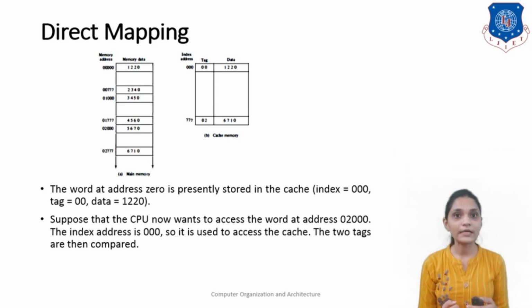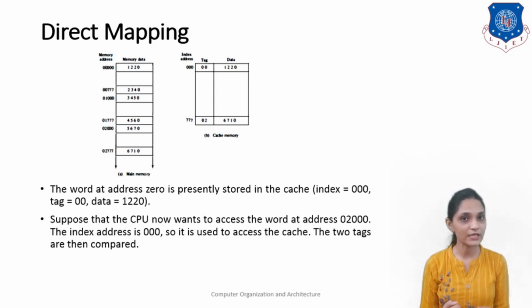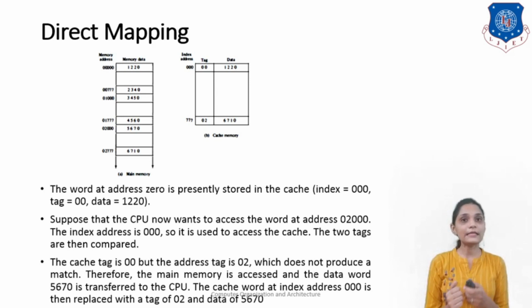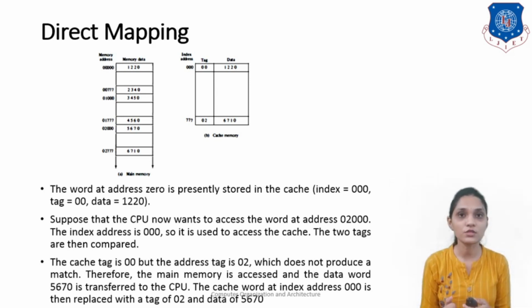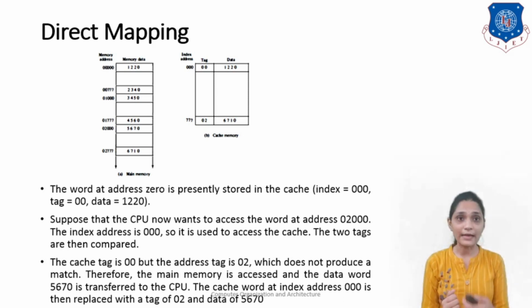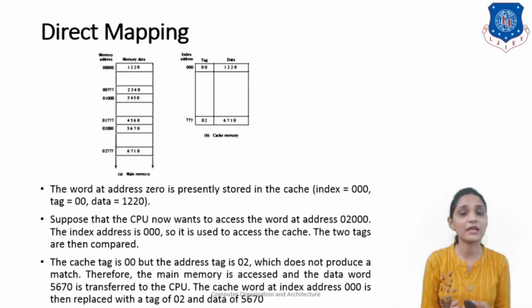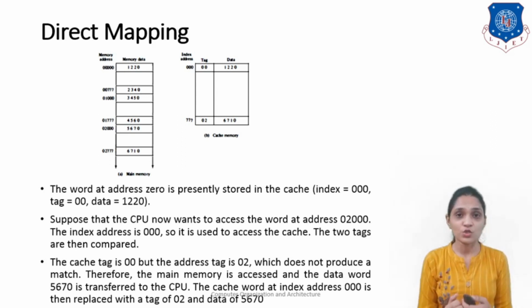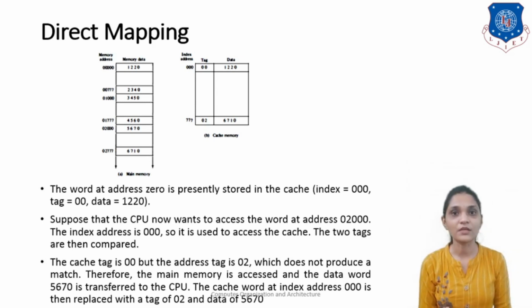So when it wants to access this data, first it is accessed from the cache. When index 000 is matched in the cache, the cache tag will be 00. But for our address the tag is 02, which means the tag is not matching. So here the data cannot be accessed from the cache, and it is required to be accessed from the main memory.